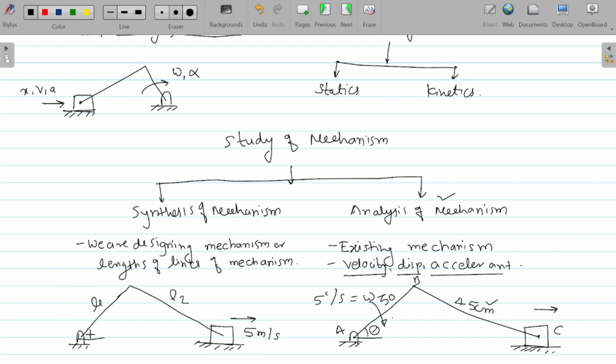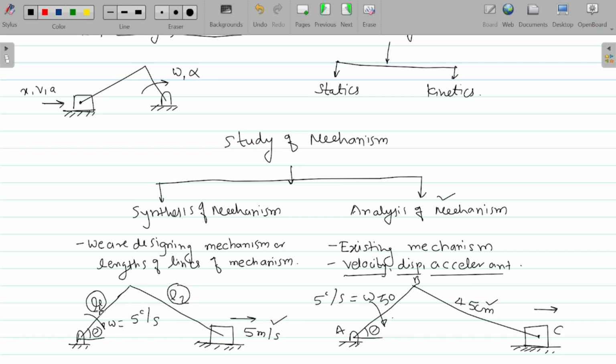I will give this angle theta, and omega is also known. Suppose omega is 5 radian per second. Then to get the velocity of 5 meter per second, what should be the value of my length L1 and what should be the value of length L2, such that I will get 5 meter per second as the velocity of slider.